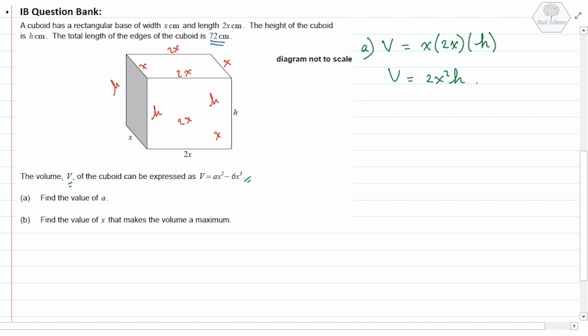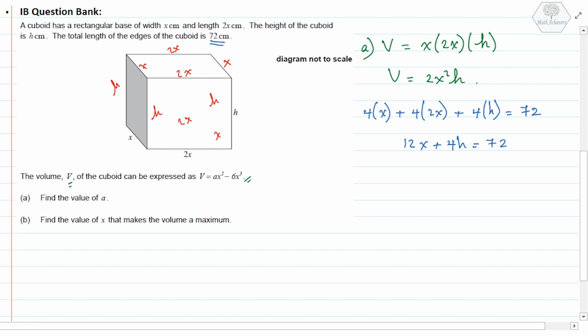So I can start by having 4 times x plus 4 times the 2x plus 4 times the h, and this will give me 72. So now expand. I have 4x plus 8x is 12x, plus 4h is equal to 72.